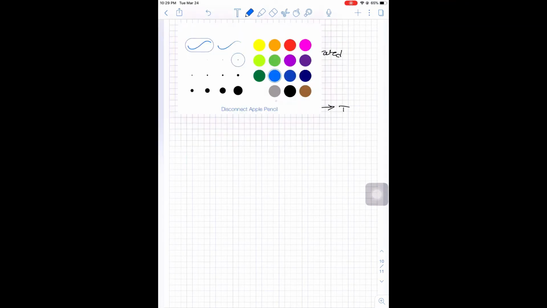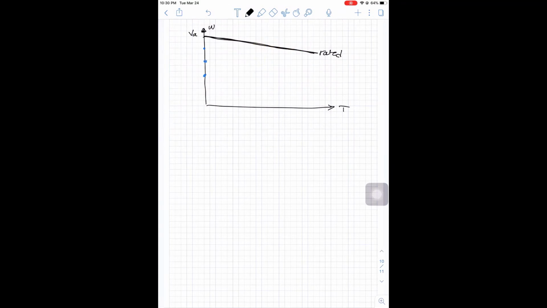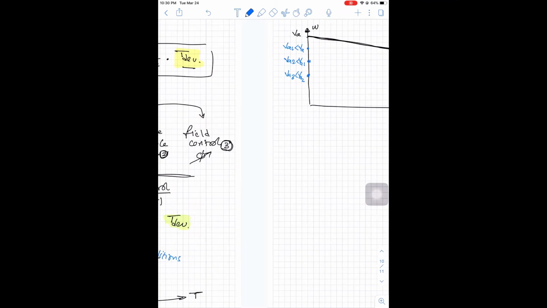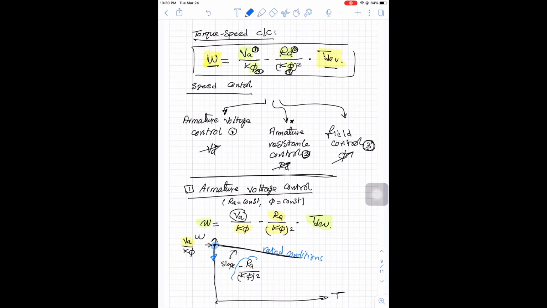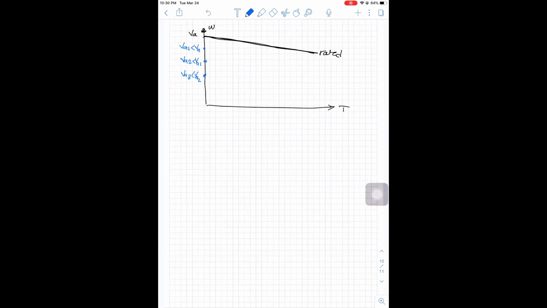If this value here is VA rated, the other values will be VA1 less than VA, VA2 less than VA1, VA3 less than VA2, and so on. But don't forget that the equation for the slope is not a function of VA, which means that the slope is constant. This means that when we sketch these lines, they are all parallel to each other because they have the same slope.